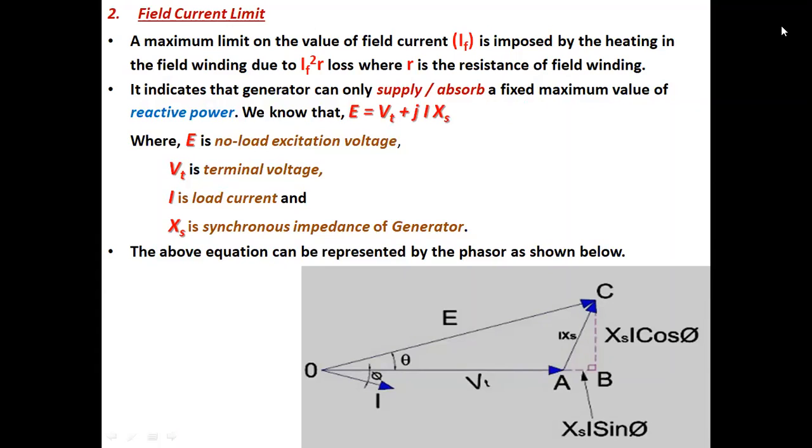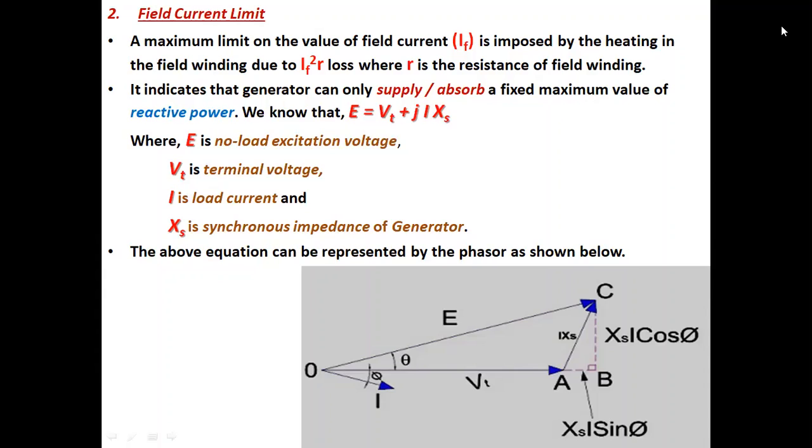We know E is equal to Vt plus jIXs, where E is no load excitation voltage, Vt is terminal voltage, I is load current, and Xs is synchronous impedance of generator.